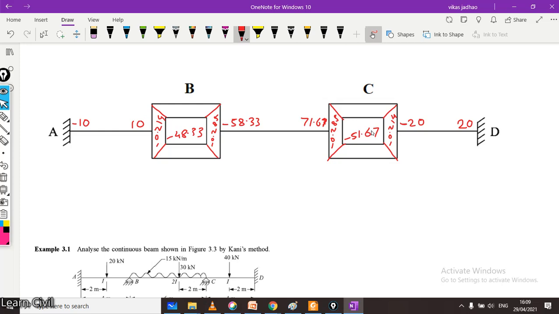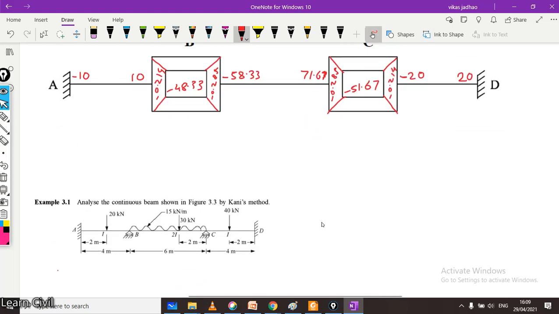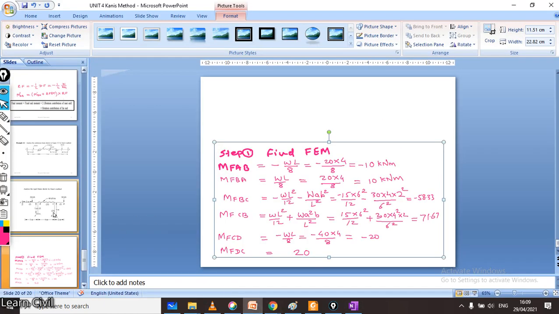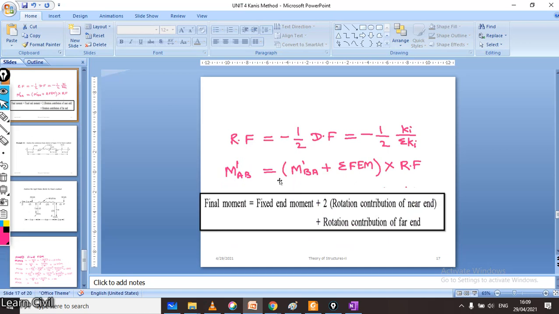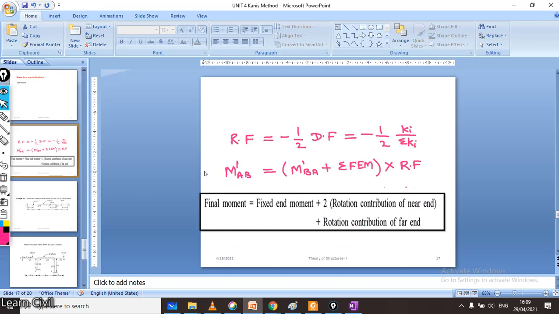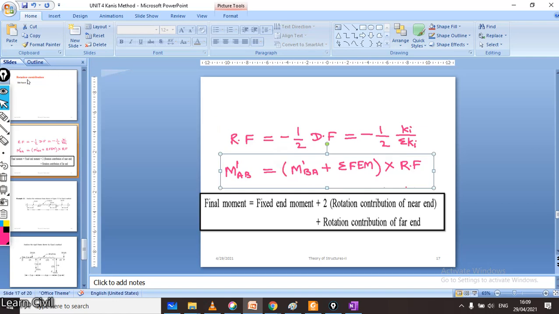Now next step, we have to find out the rotation contribution. We have seen one equation here, that is the rotation contribution. This is the equation: rotation contribution M dash AB is equal to M dash BA plus fixed end moment into rotation factor.